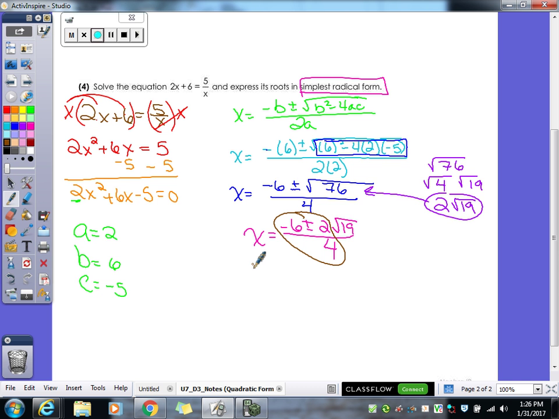Yeah, we can divide them all by 2. So 6 divided by 2 would give us 3. 2 divided by 2 gives us 1, and then 4 divided by 2, 2. So we get -3 plus or minus 1 square root of 19 all over 2. There's our final answer in simplest radical form.